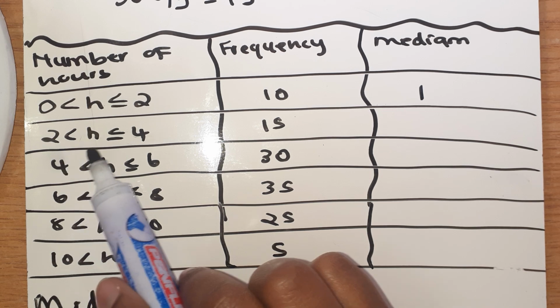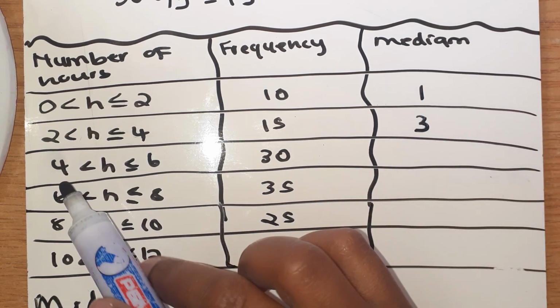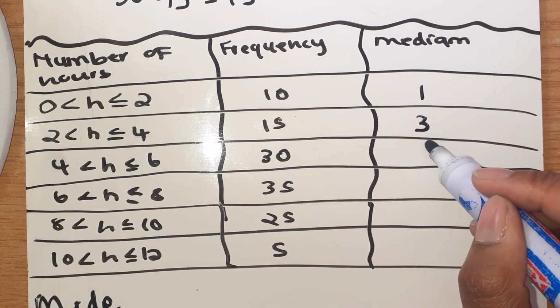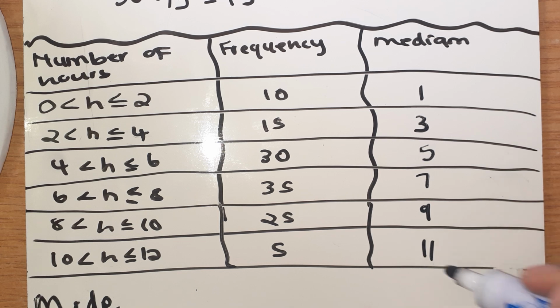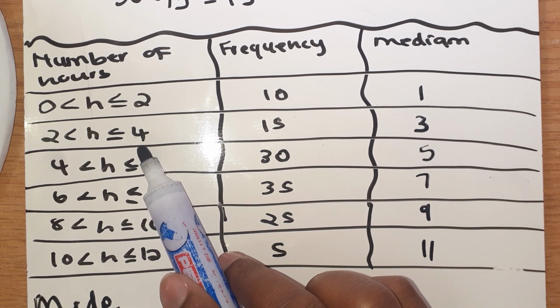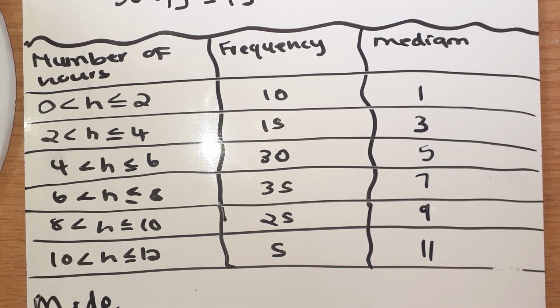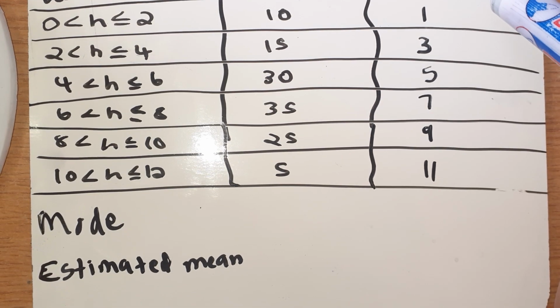And then 2 plus 4, that is 6 divided by 2, that is 3, 4 plus 6 is 10 divided by 2 is 5. Just like that, you need to do it like that. You will have this box and this one, and you have to calculate this part. So you have the median.